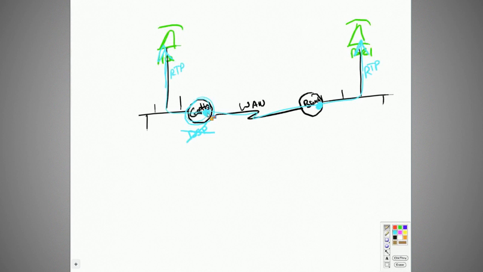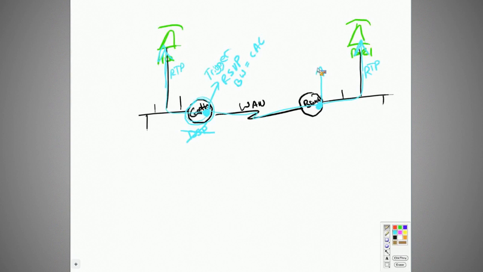But the reason that we want to do this is because we can use that terminated media to trigger the RSVP reservation protocol for bandwidth call admission control.